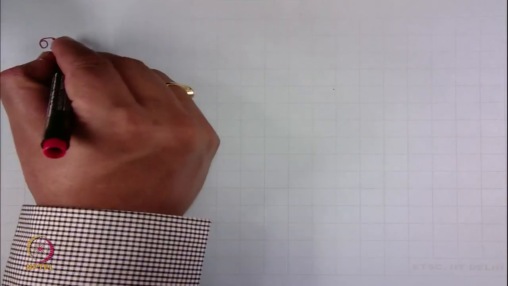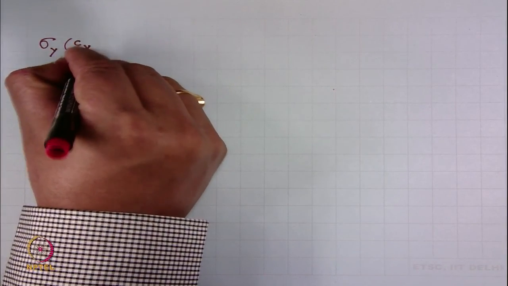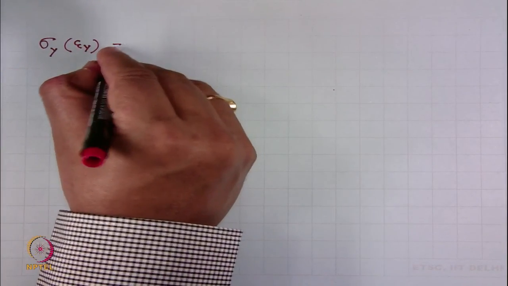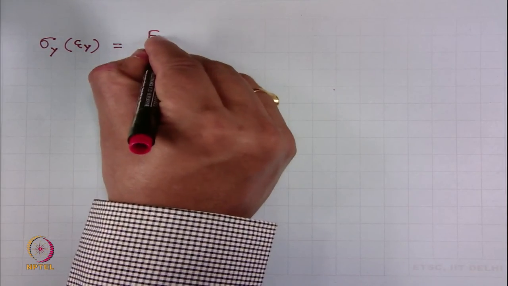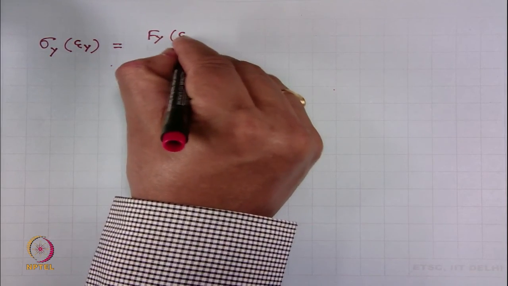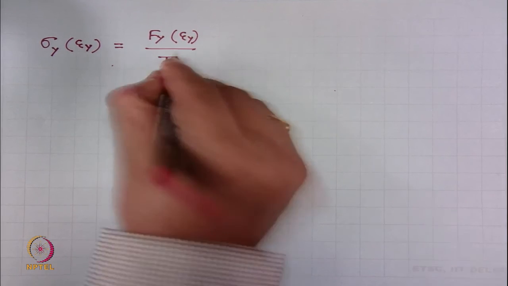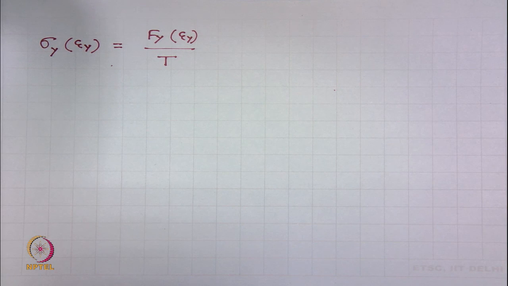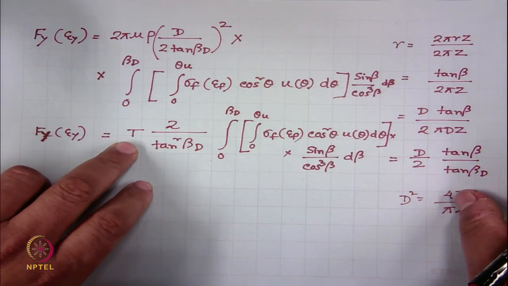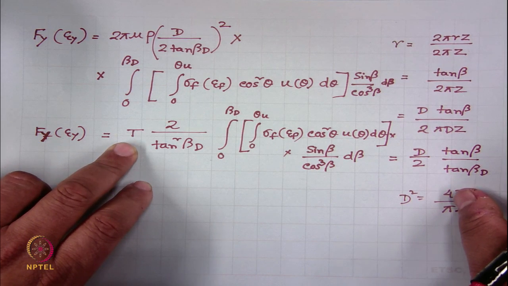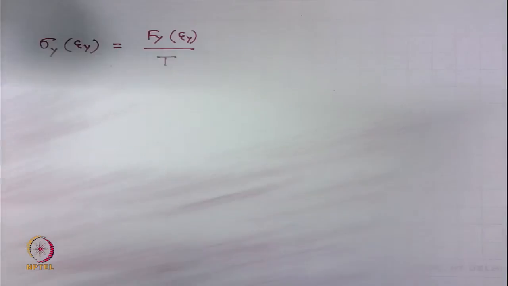For stress, force divided by capital D. So, this is the definition. So, from this expression, this T will go out.